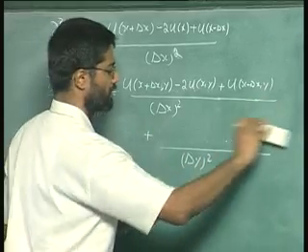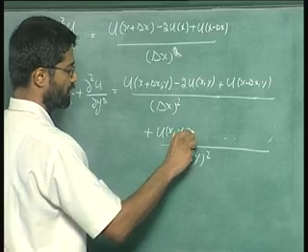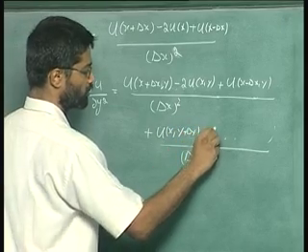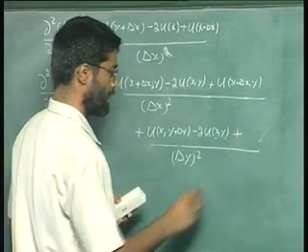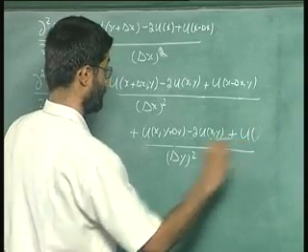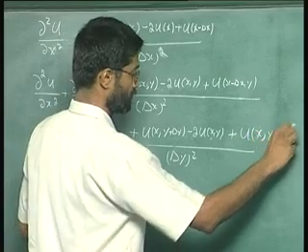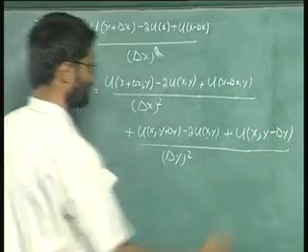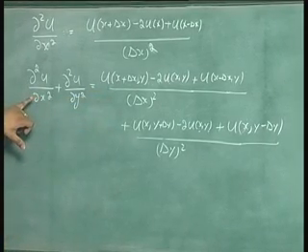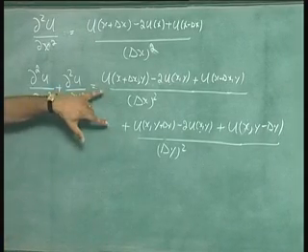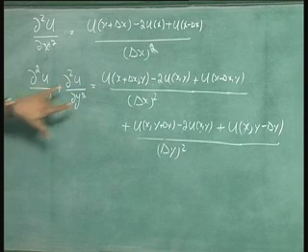Similarly here we should write this as u(x, y plus delta y) minus 2u(x, y) plus u(x, y minus delta y). So that's the equation which we will write. We have these terms replacing these two terms in this equation.